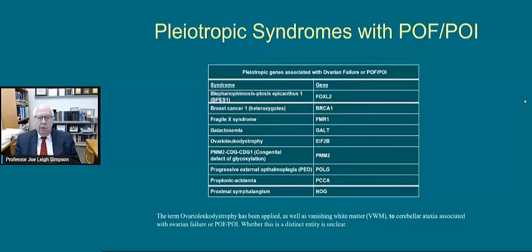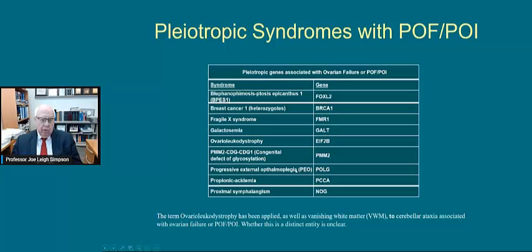Finally, and this one is worth a few words of clinical value. In this particular situation, these syndromes have as one component premature ovarian failure. We've already mentioned blepharophimosis, ptosis, epicanthus. There are several others down here. For example, progressive external ophthalmoplegia, PEO.